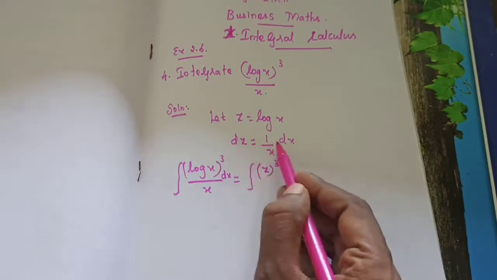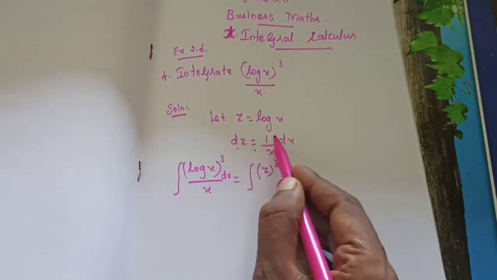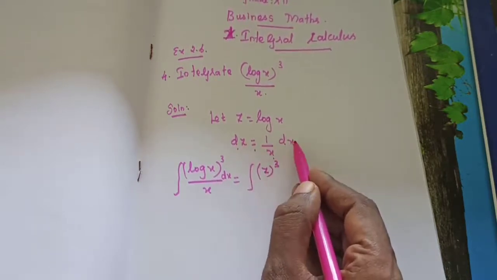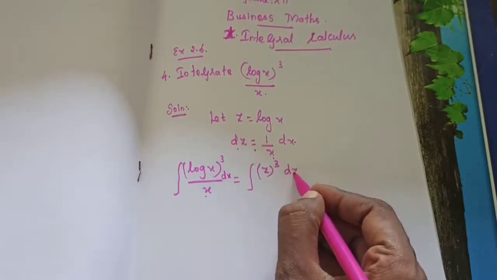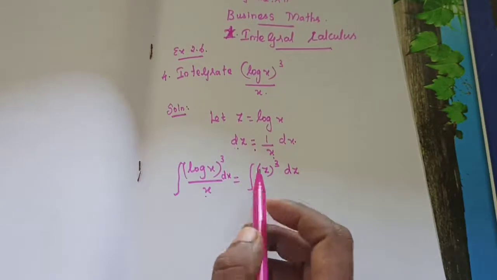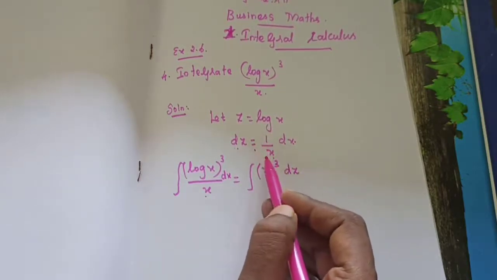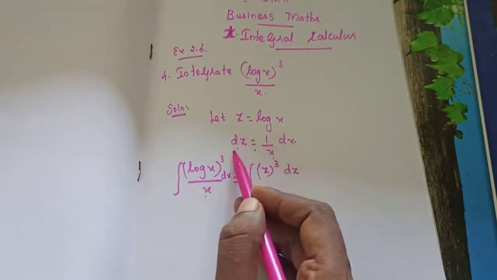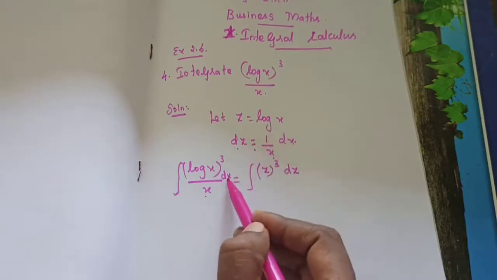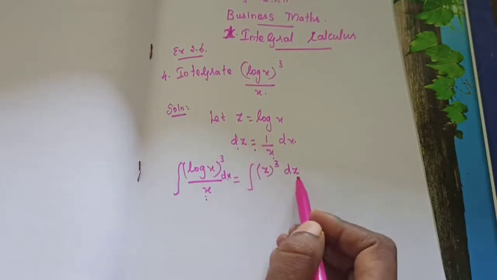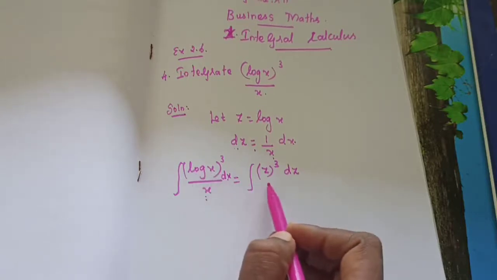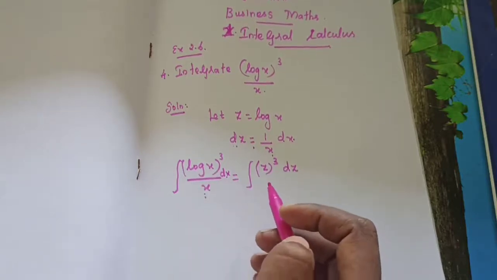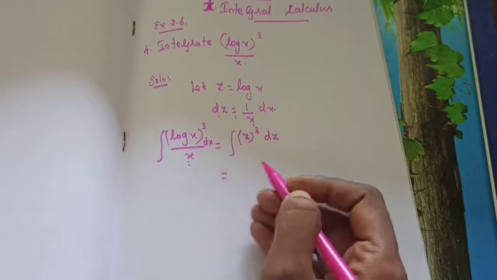Here dz is equal to 1 by x dx. So in the place of dx by x we substitute dz. In the place of log x we substitute z. Understand?